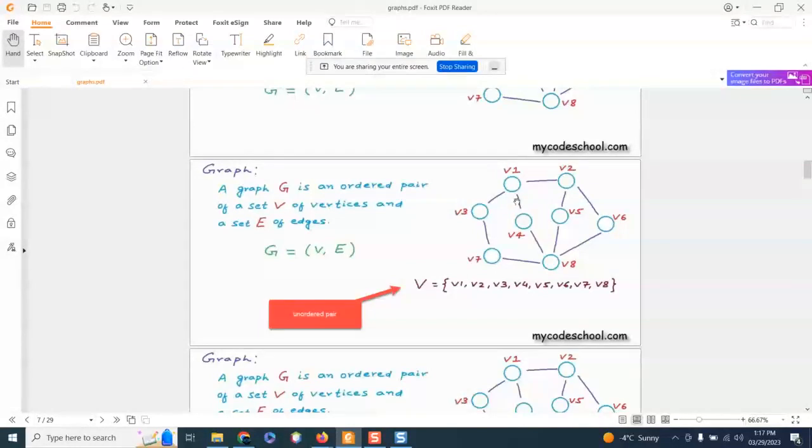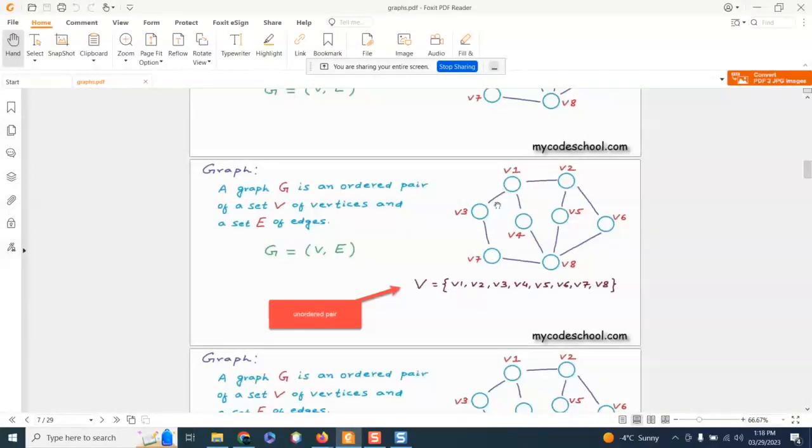A vertex can also be called a node. So if I say this one is E1, this one is E2, and this one is E3, we cannot say V1 with E4, because V1 is not connected to that, so the combination will be wrong.